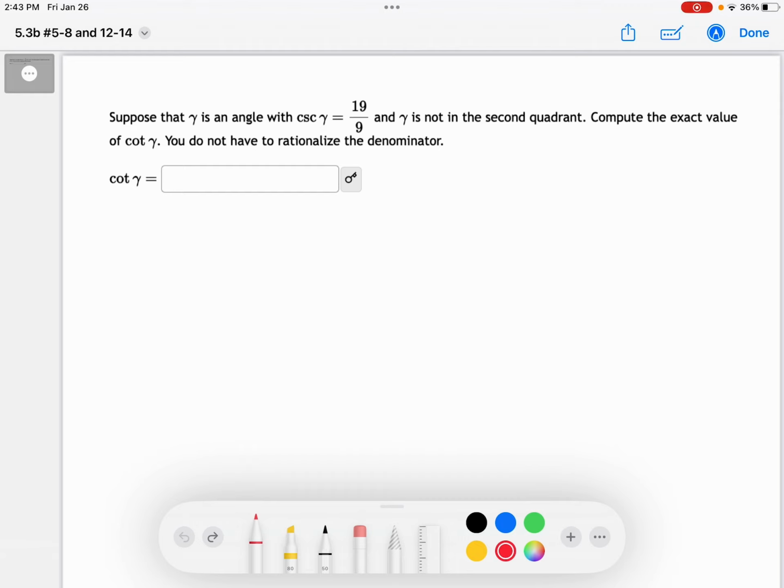Okay, so as with so many things here, we're going to start with a little sketch and try to figure out where this angle is. So they tell us that gamma is not in the second quadrant. Okay, well, why is that helpful? Well, cosecant of gamma, where is that positive? Well, cosecant is 1 over sine. And we've got our little mnemonic here.